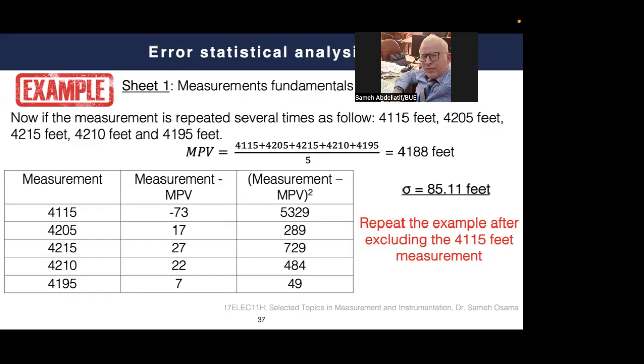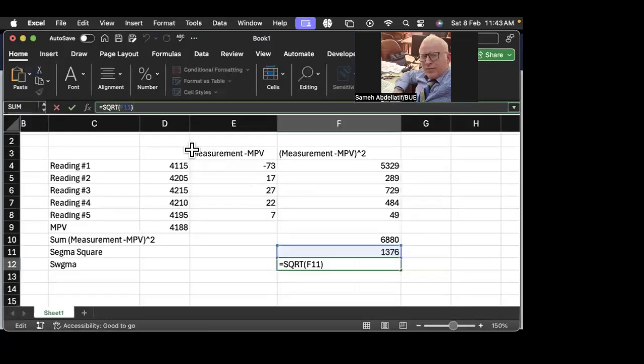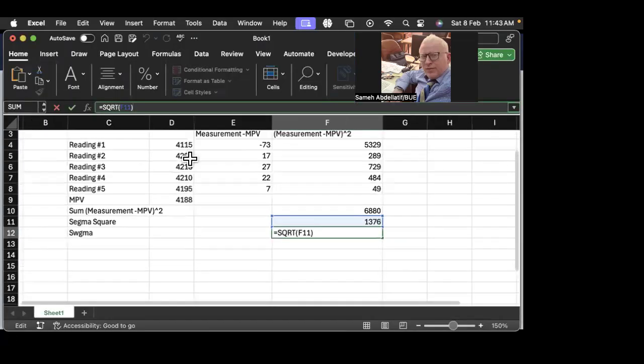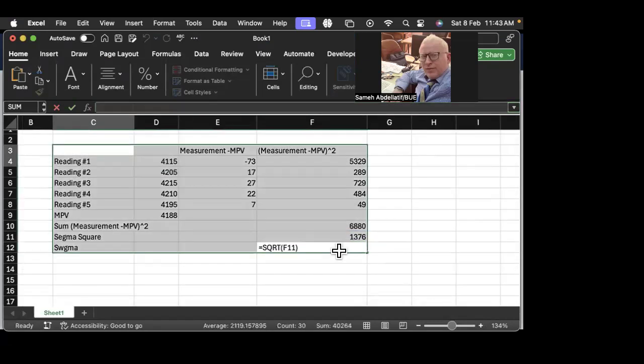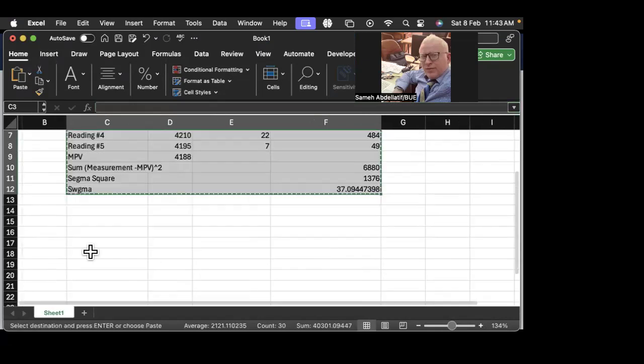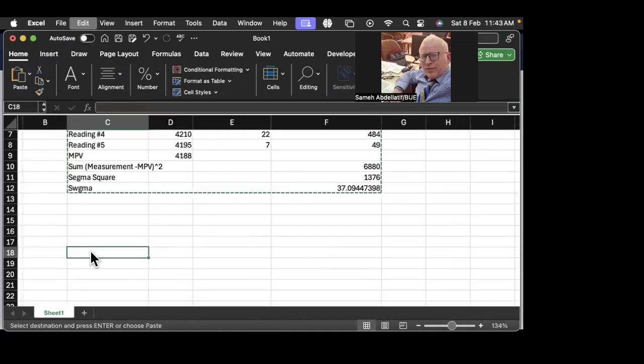So this 5115 measurement stretches the variance and misleads the most probable value. So if we make the same experiment, let's do it together now. If we go here and do typically the same process, except that I will just make this copy, Control C, and go here and paste it down here.